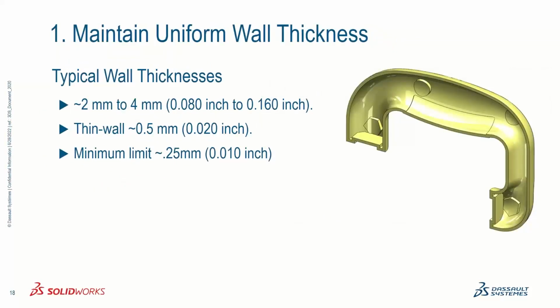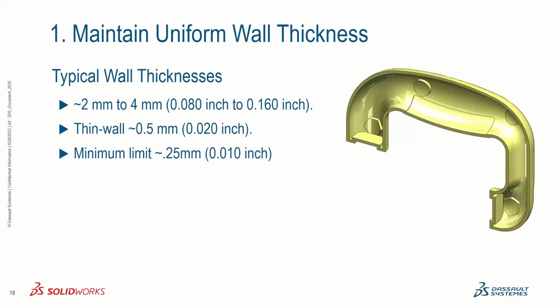Digging into the first best practice: most plastic parts, regardless of the physical size of the part itself, whether it fits into the palm of your hand or it's the bumper fascia in your car, typically have a thickness in the range of 2 to maybe up to 4 millimeters, although 4 millimeters is probably getting on the higher side, or a thick chunky section.